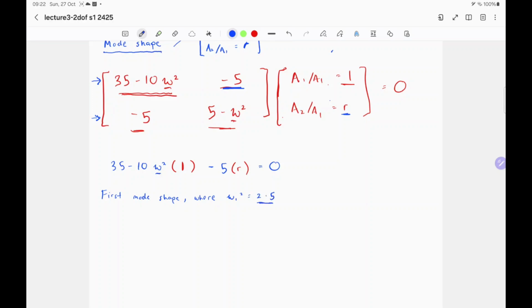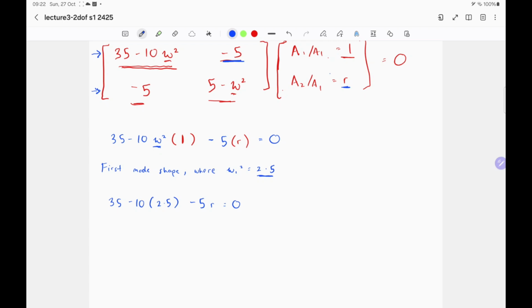So we replace this value in here: 35 minus 10 multiplied by 2.5, minus 5R, is equal to 0.